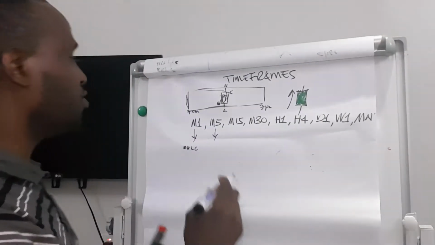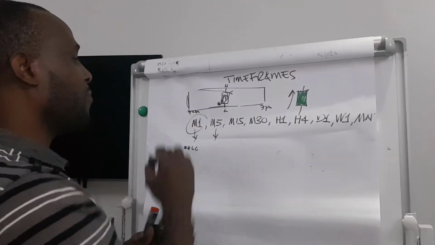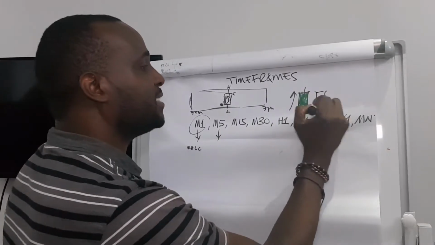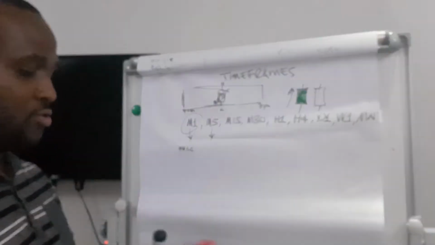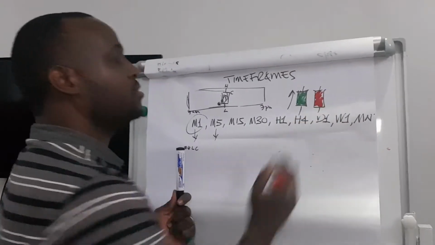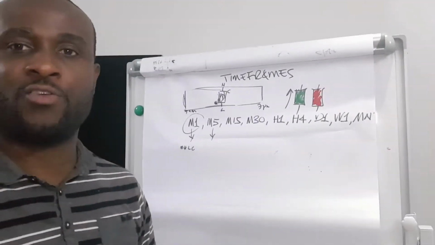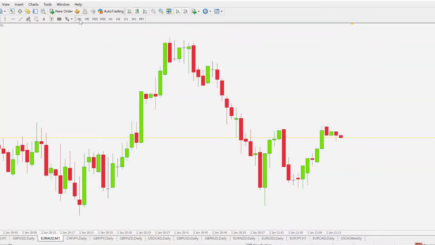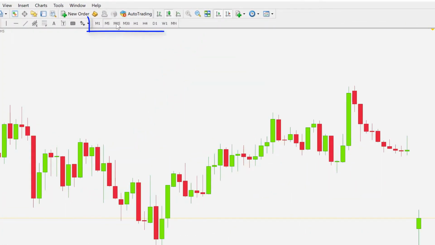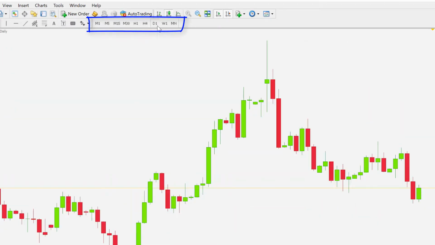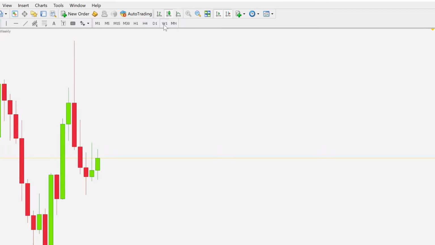So when you come to the chart and you get to your M1 time frame, you will see candlesticks that all look similar to this. They all look similar to themselves. They're either a green candle or a red candle, but the candle looks the same from one time frame to the other. The only difference is we know that in a 1 minute time frame, that candle opened and closed within 1 minute.